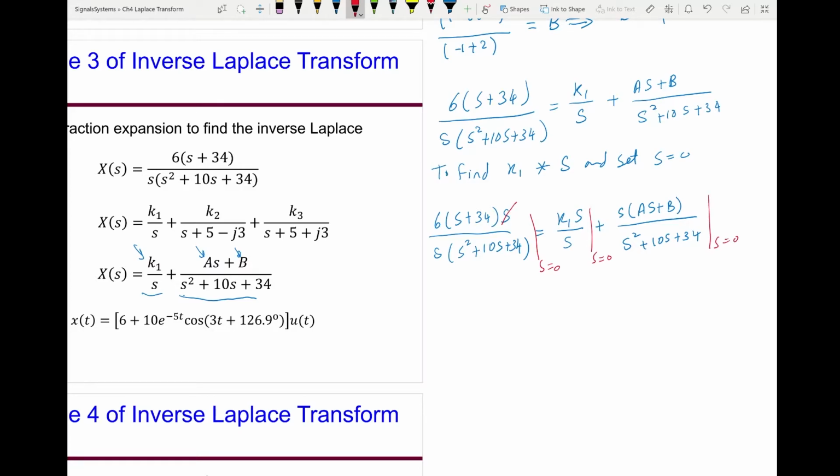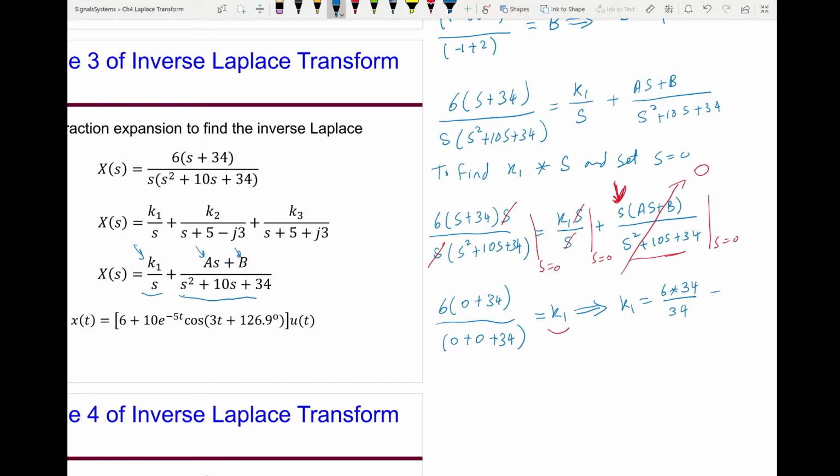Now this s will cancel here. Now this s here will not be canceling anything in the denominator. So the whole thing will be 0 when you set this s to 0. So then you will have here 6 times 0 plus 34 over 0 plus 0 plus 34 equal K1. And from here, this will cancel here, so you get K1. And from here, K1 will be equal to 6 times 34 divided by 34, so that is 6.